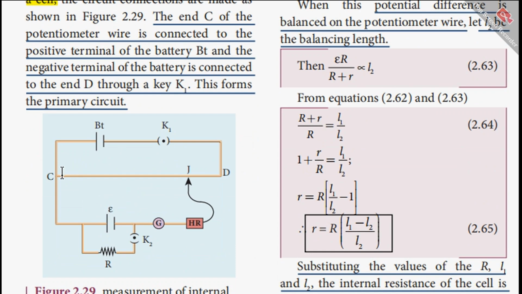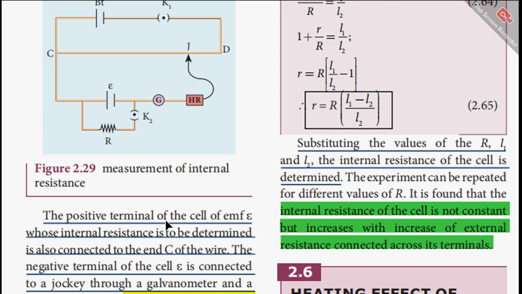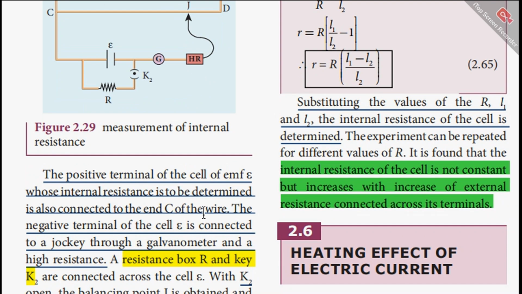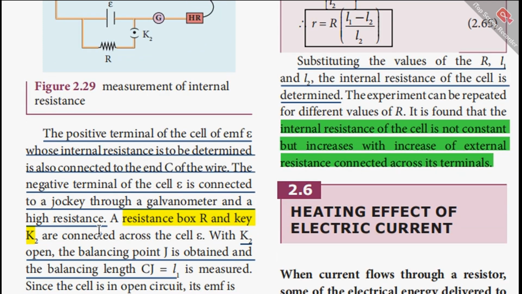The end C of the potentiometer wire is connected to the positive terminal of the battery BT, and the negative terminal of the battery is connected to D through a key, and this forms the primary circuit. The positive terminal of the cell of EMF E, whose internal resistance is to be determined, is also connected to the end C of the wire, and the negative terminal of the cell E is connected to a jockey through a galvanometer and a high resistance.